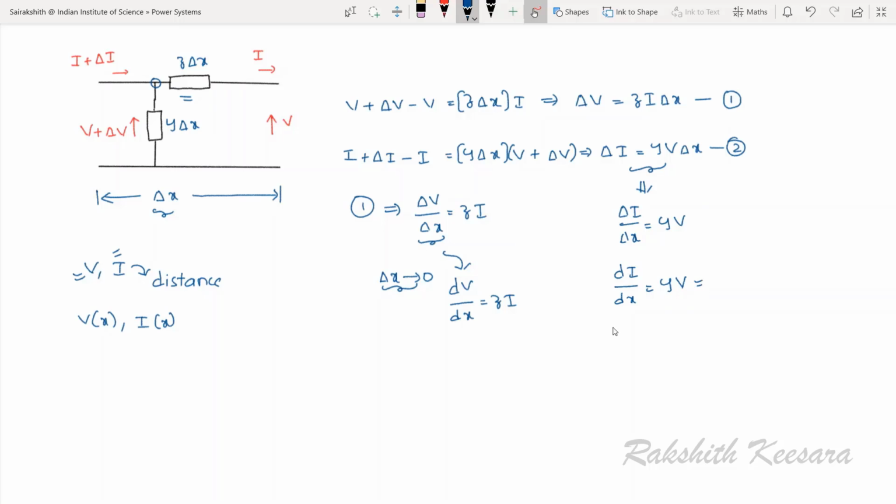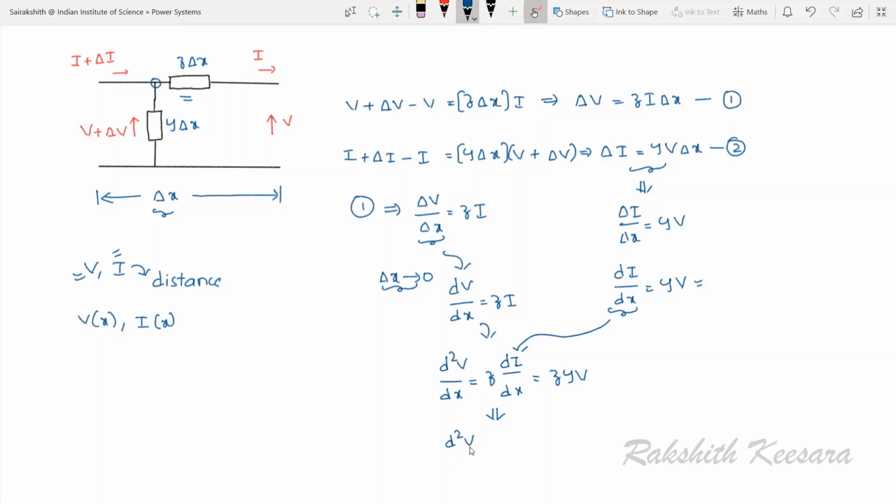Is this okay? Next, I am double differentiating this equation. So, d square V by dx square will be equal to Z into dI by dx. Now I am substituting the value of dI by dx here. This will give rise to Z Y V, right?